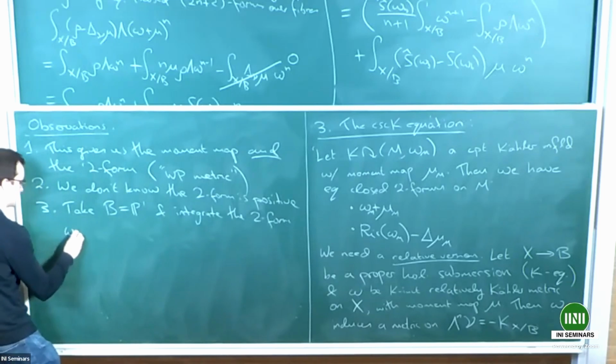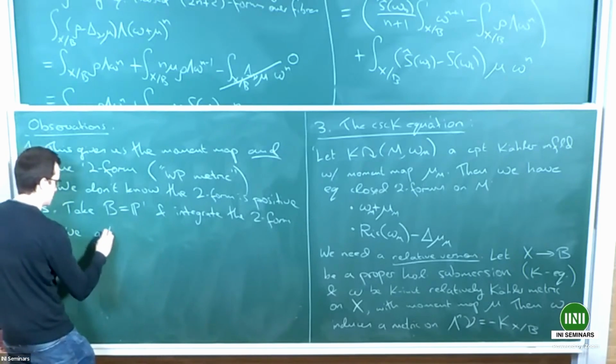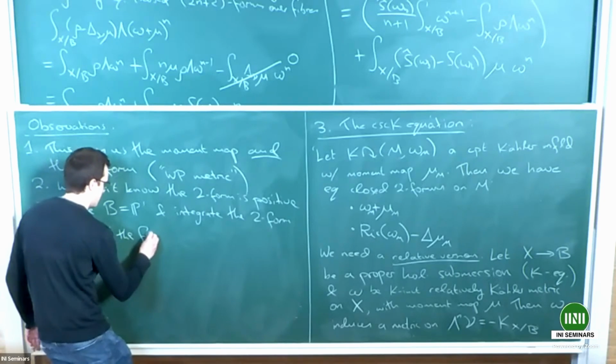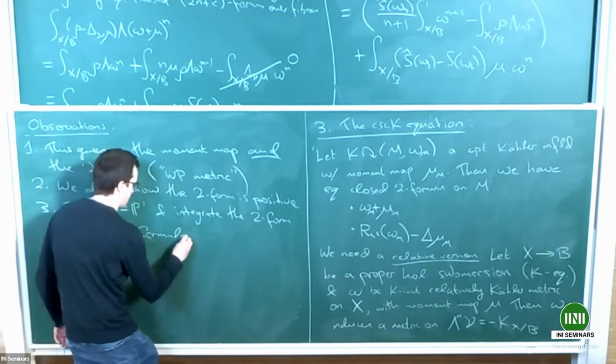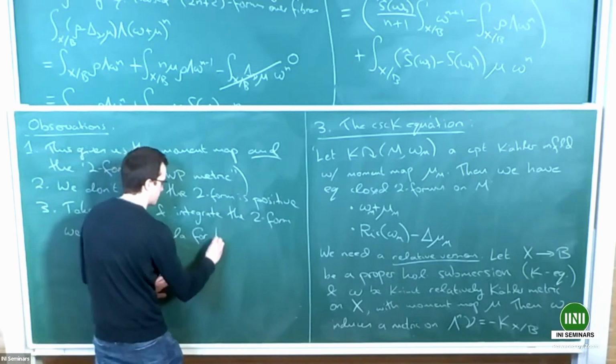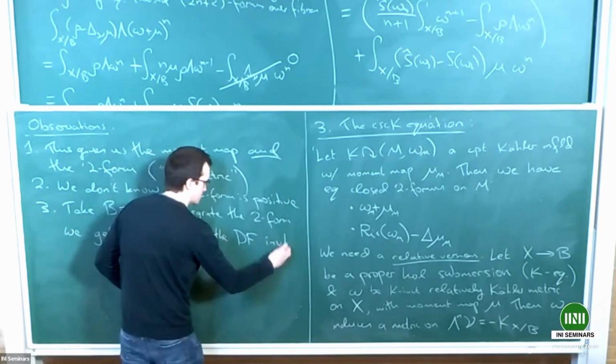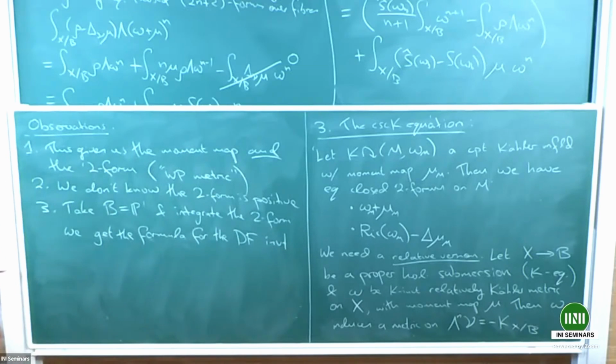So we get, or at least the formula for the Donaldson-Futaki invariant. Obviously, this gives us nothing about test configurations or singularities, but at the very least, we can observe what the formula for stability should be from this moment map.